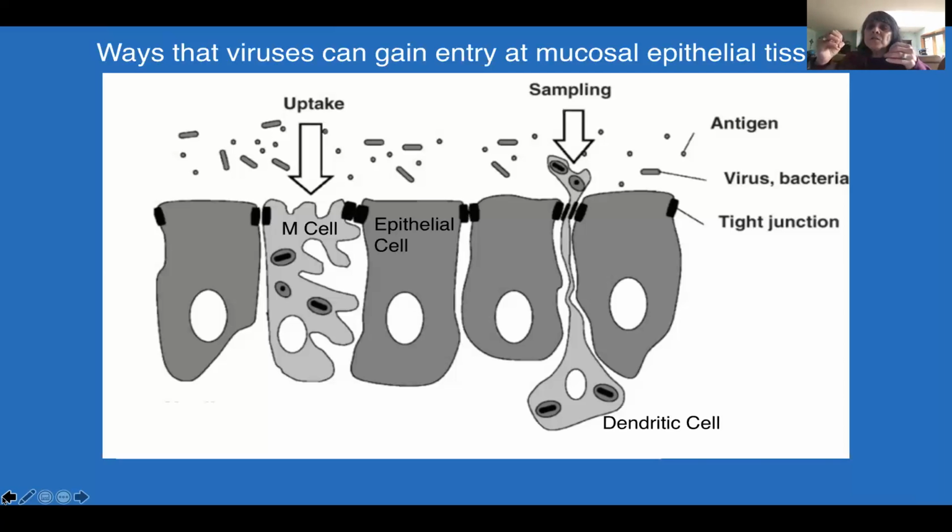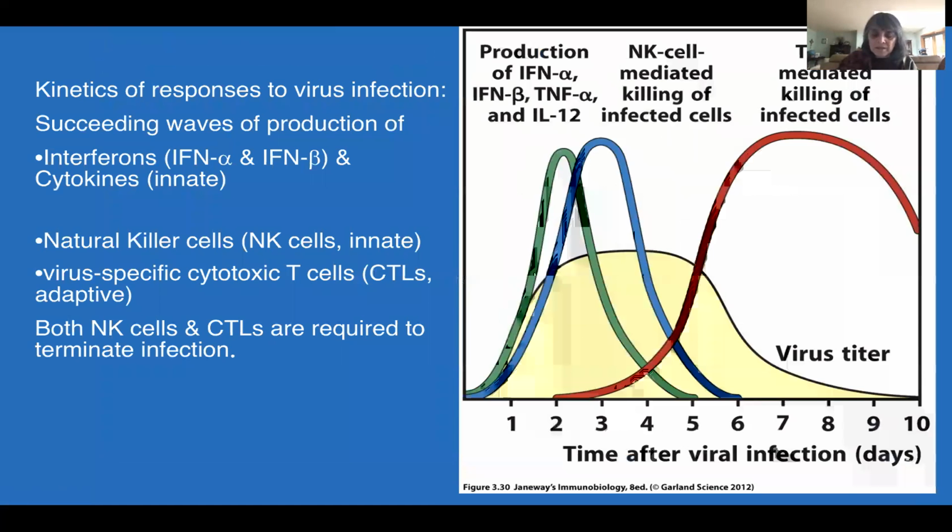These are all tissues that have contact with the outside world, and the mucus that is produced by the epithelial cells, which isn't really shown here, actually traps pathogens. The idea is to keep them from entering. Also, those IgA antibodies that I told you about reside in that thick mucus.